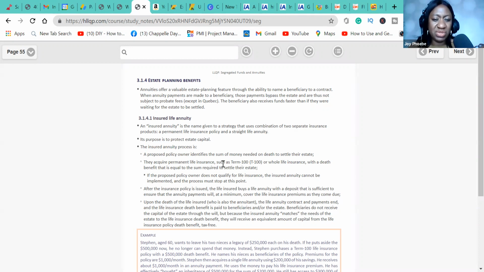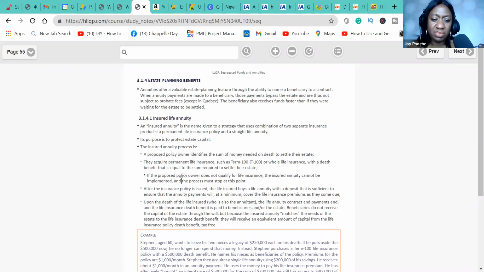In the insured annuity process, a proposed policy owner identifies the sum of money needed on death to settle their estate. They acquire permanent life insurance such as term 100 or whole life insurance, with a death benefit equal to the sum required to settle their estate.